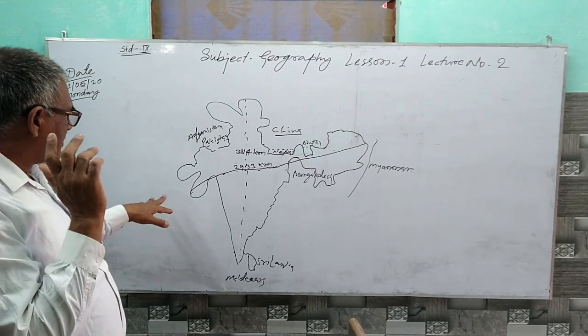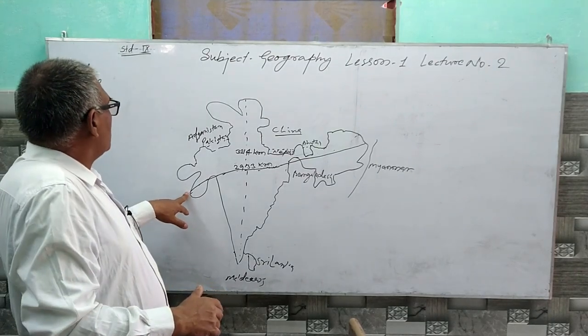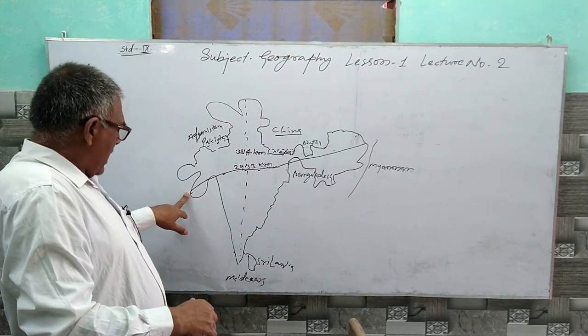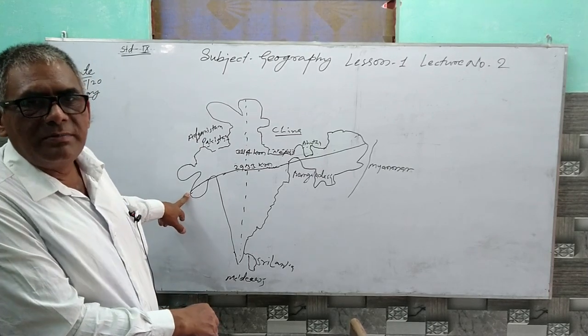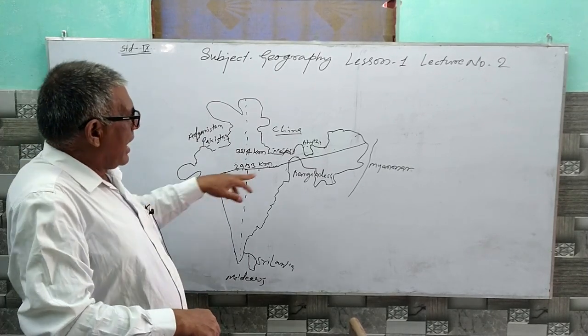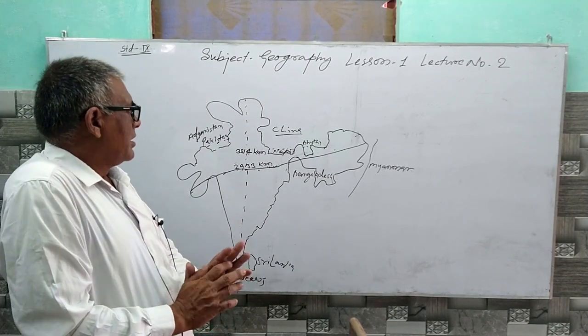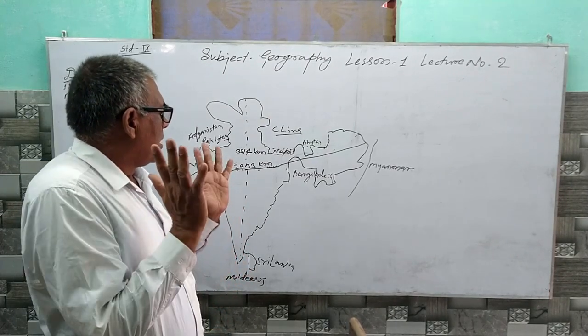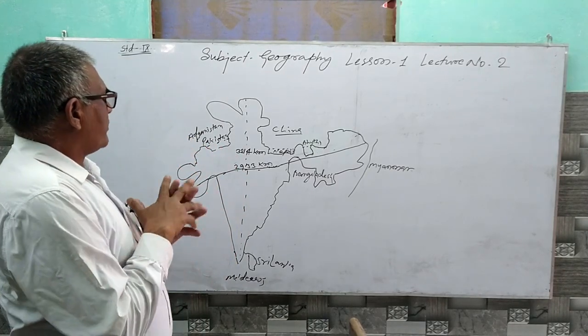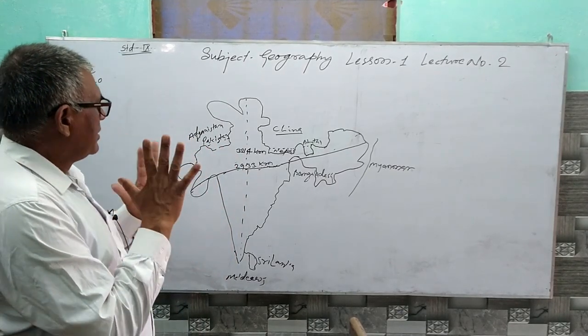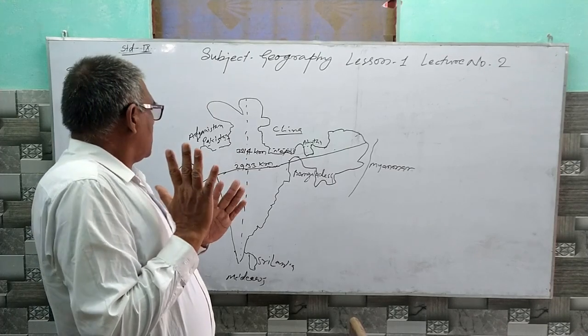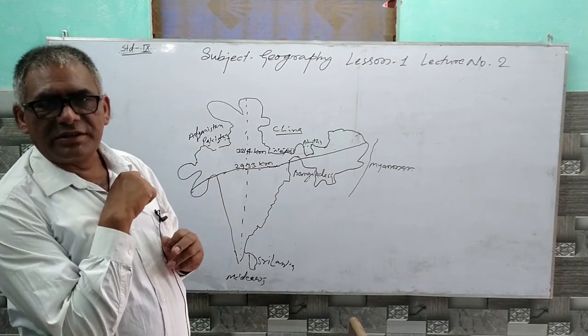As you have seen, India starts in the west at 68 degree 7 minute east longitude, and in the east it extends to the longitude of 97 degree 25 minute east.